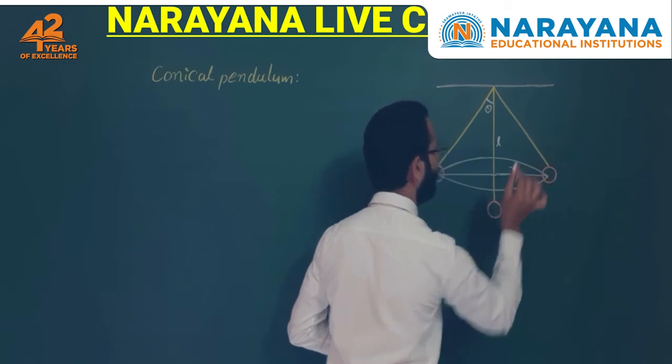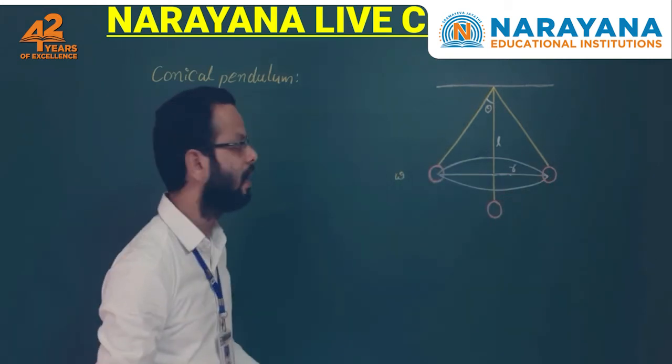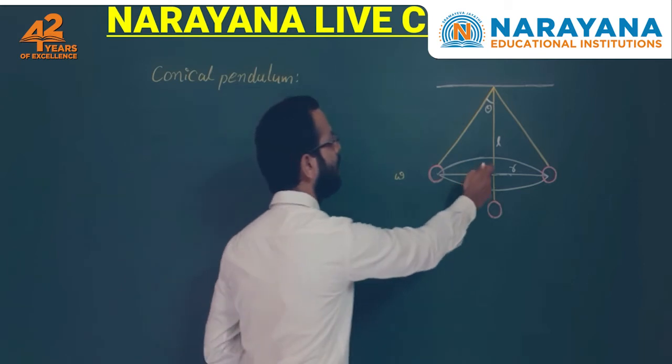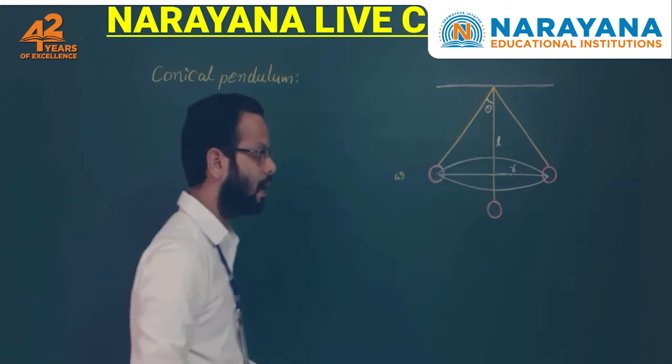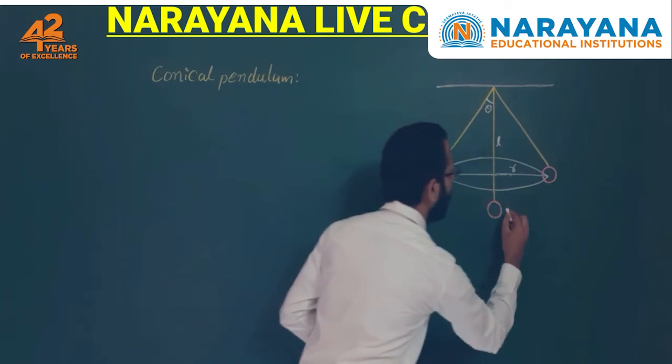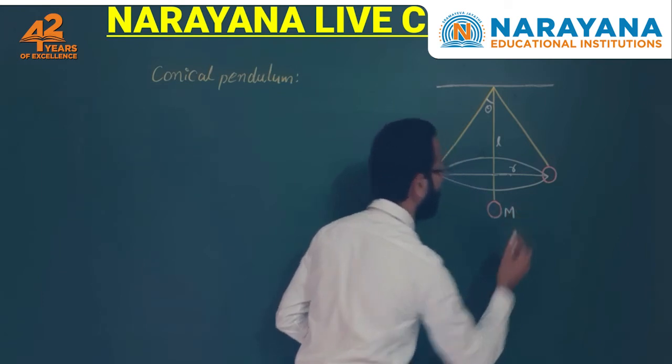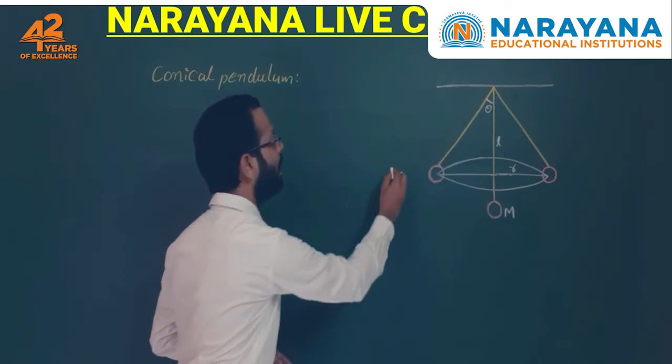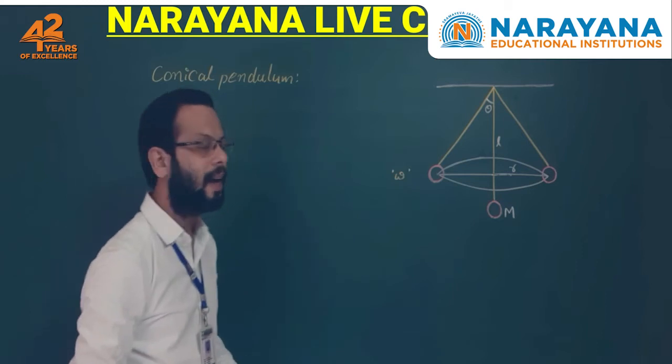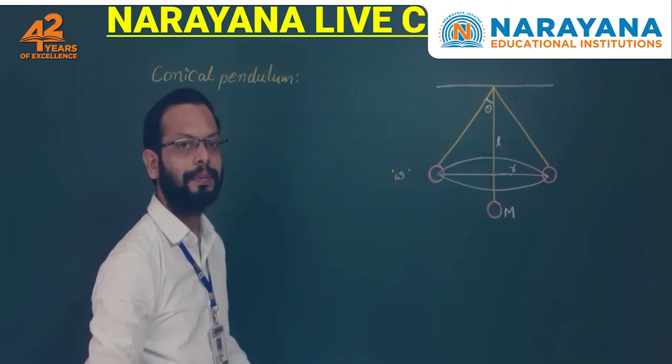Let R be the radius of the circle, L be the length of the string, m be the mass of the bob, and omega be the angular velocity of the bob.